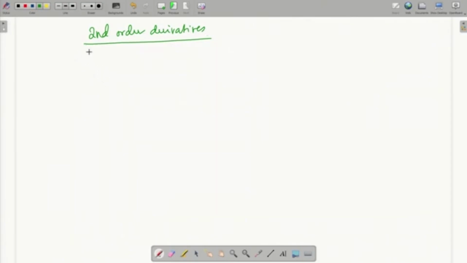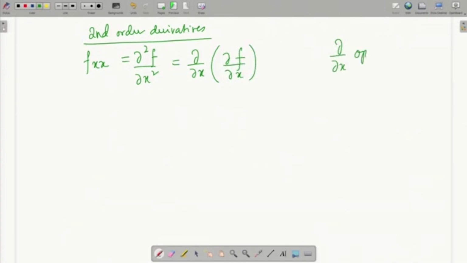So, let us say if you are trying to find out f x x, that means del 2 f del x square. So, we use the del x operator to be used twice on the function f.